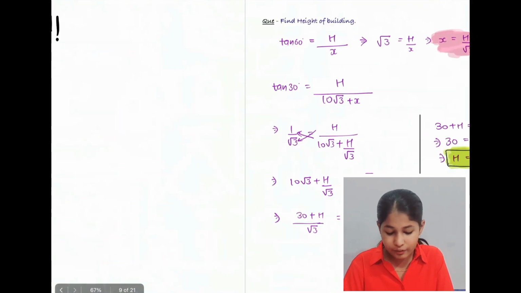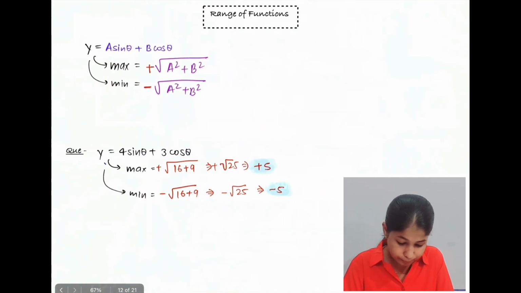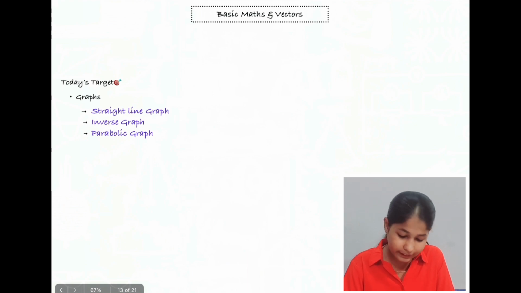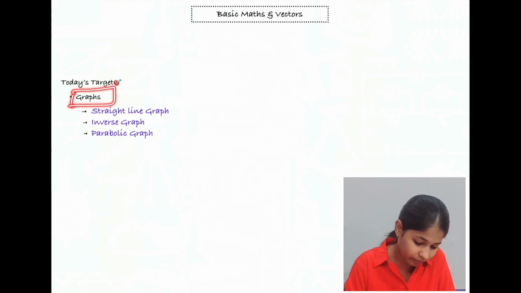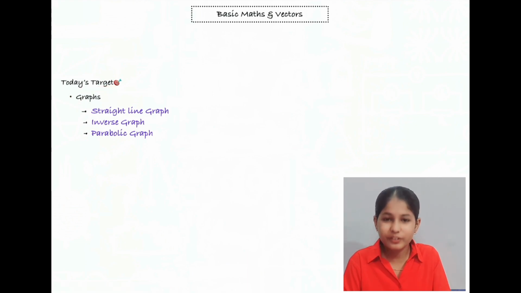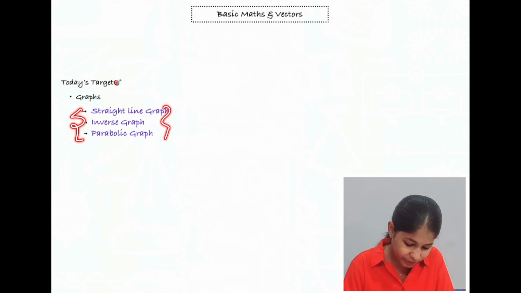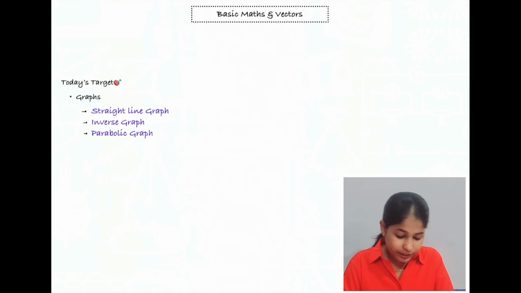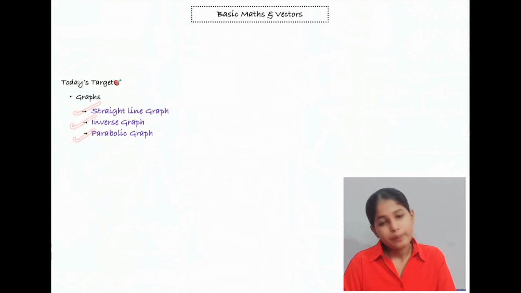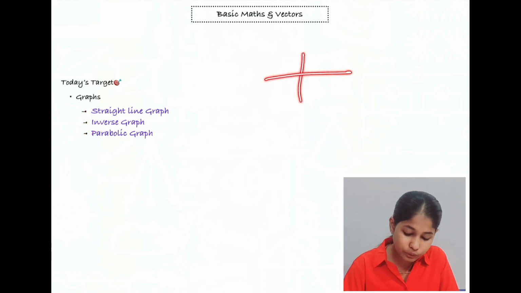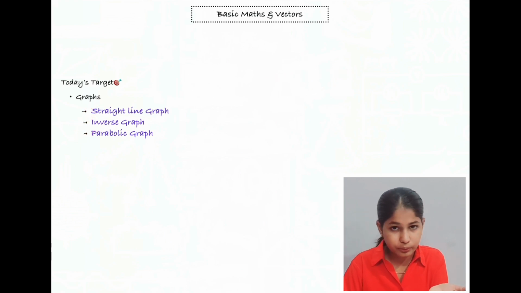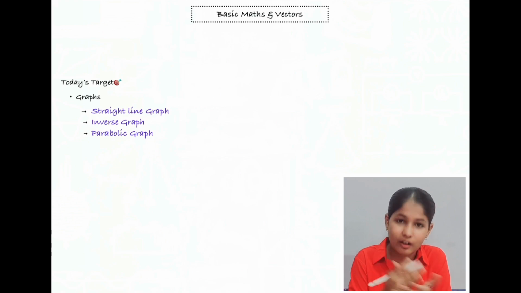But as I told you in my previous video, from the next video we are going to start with graphs. So yes, we are again going to start and continue with it. Today our topic is going to be straight line graph, inverse graph and parabolic graph, in which we are going to talk about how you will know that a straight line graph will be there.